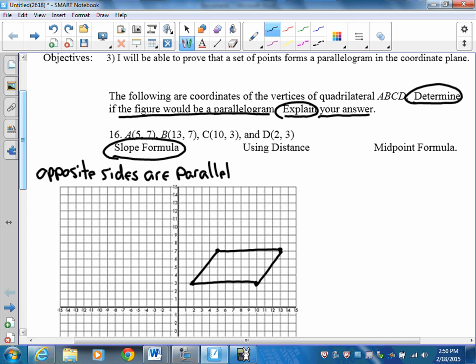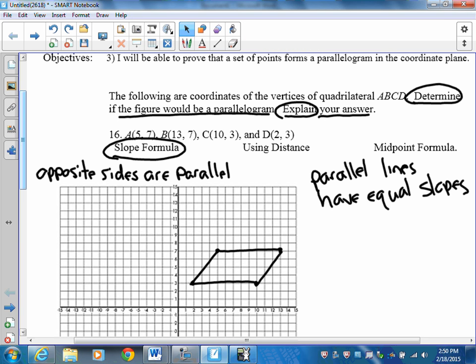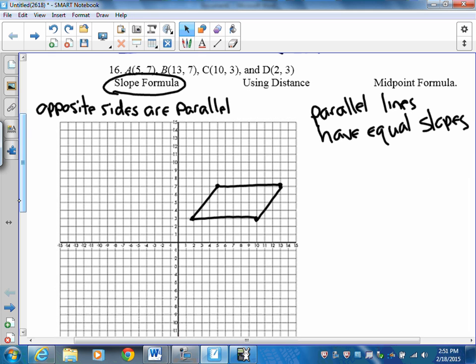We also need to remember that parallel lines have equal slopes. So we've done a lot of practice on this throughout the year. So let's take a look at these points and see if they have equal slopes and are parallel.